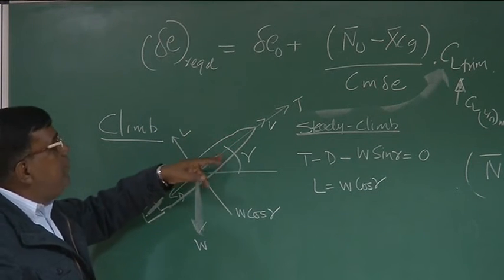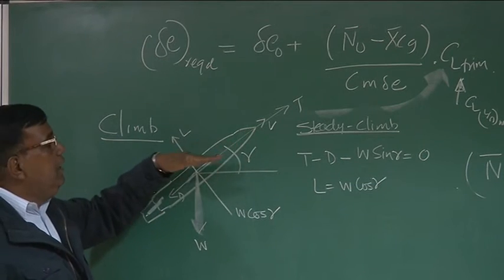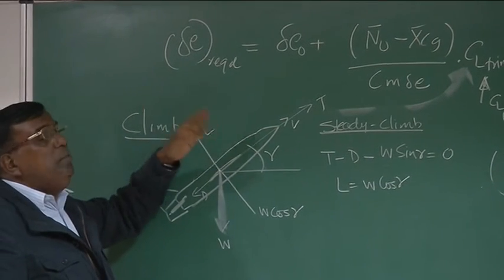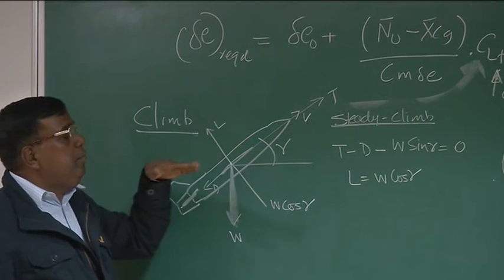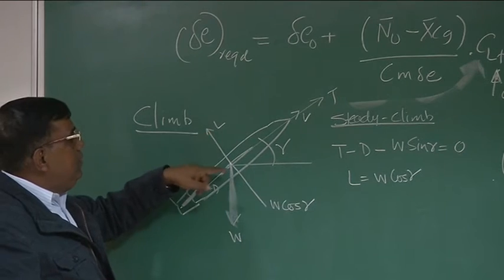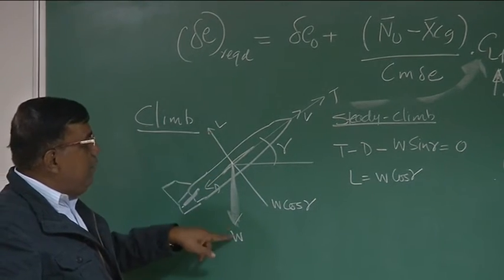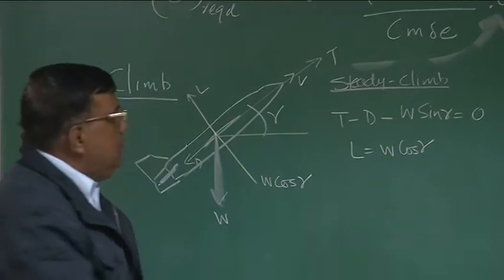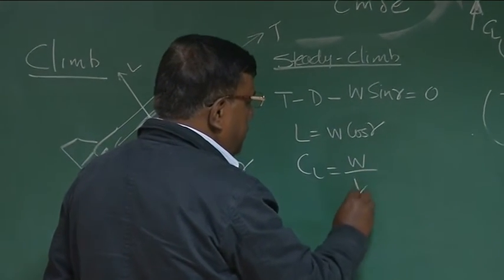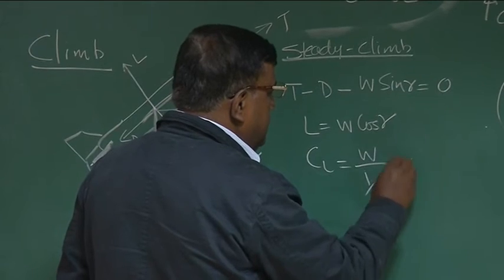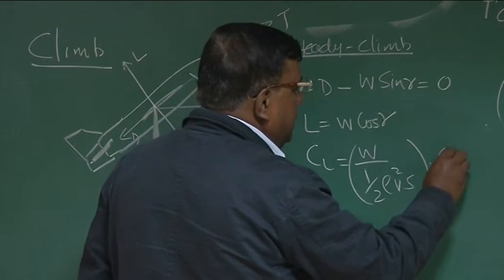If there is a net force perpendicular to the velocity direction, then it will take a curved path. So if you are flying like this, steady climb in a rectilinear path, I must ensure this lift force is balanced by the component of weight, W cos gamma. So from here, CL I find as W by half rho V square S into cos gamma.